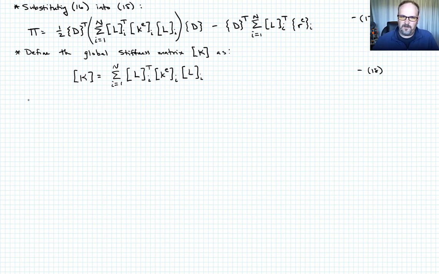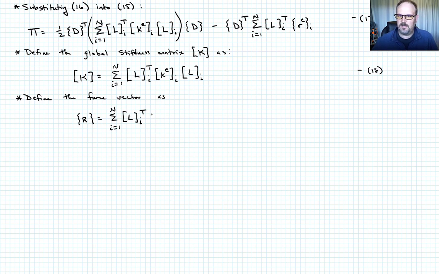I want to define the force vector as follows, right? Or it's also sometimes called the reaction vector. We'll call it capital R. We'll define that as the sum from i equals 1 to n of L_i transpose times R^e_i. Let's call that equation 19.